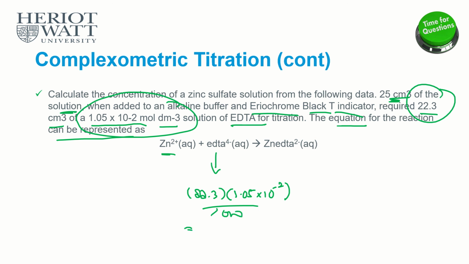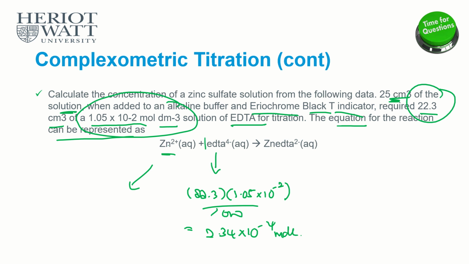So 1.05 times 10 to the power negative 2, very good. And then multiply with 22.3 divided by 1000, you get 2.34 times 10 to the power negative 4. So that's the mole of EDTA used for complete reaction, right? It's very simple. And what's the mole of zinc then?